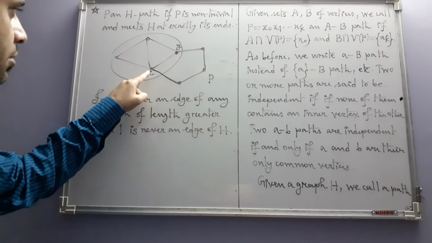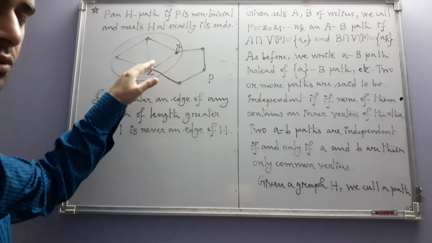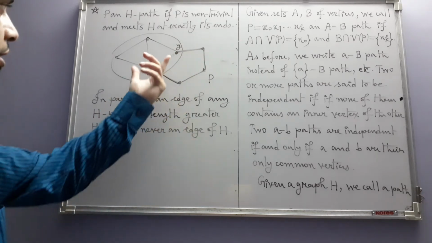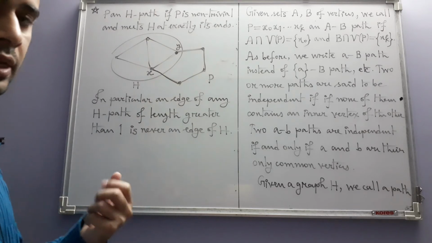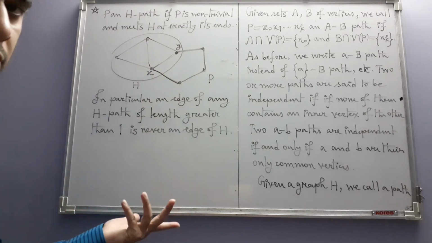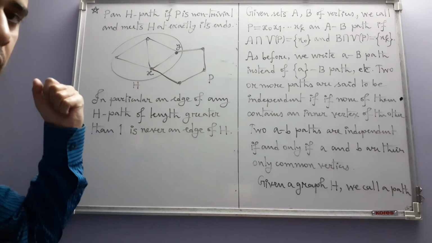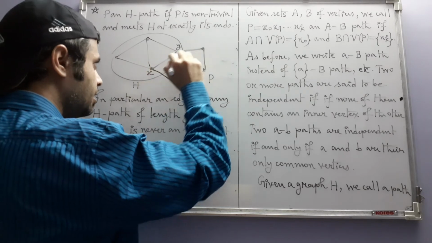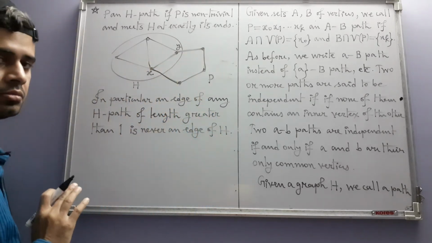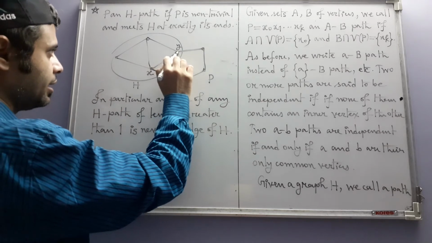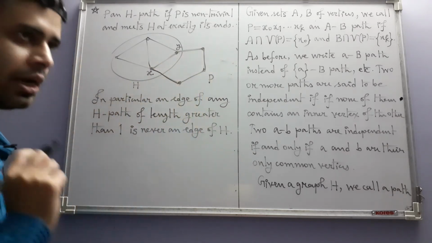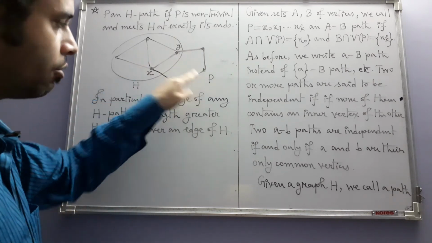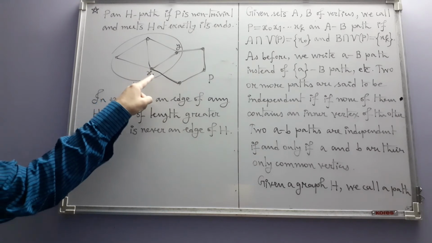So by definition, this edge XY along with the vertices is also an H path because it meets H at its ends only. Since there is no inner vertex, no question of meeting H at the inner vertices. But this edge is a part of H. However, if the length of the H path is greater than 1, that means there is some inner vertex.